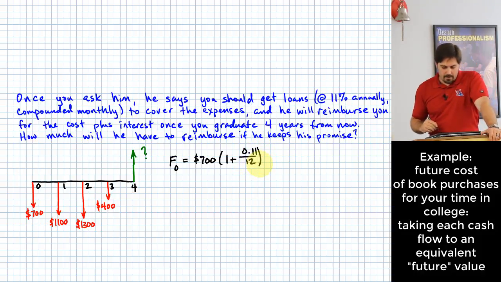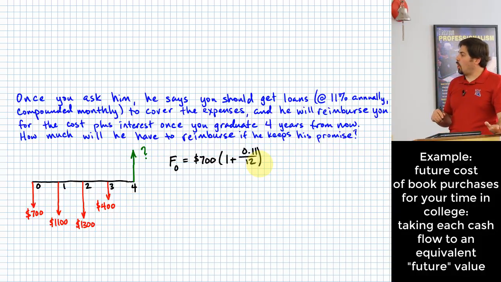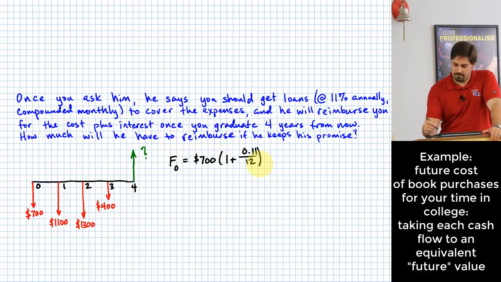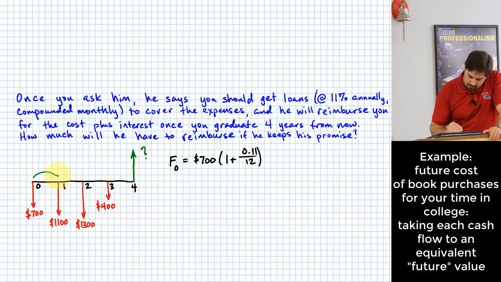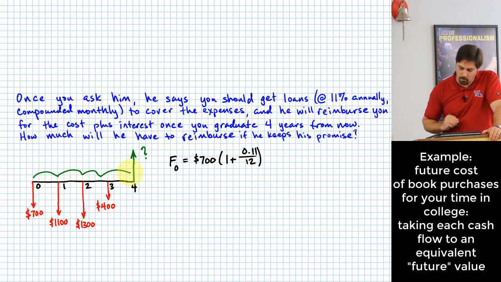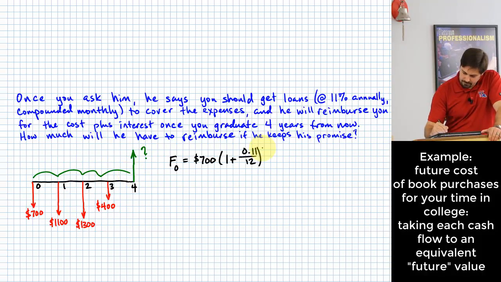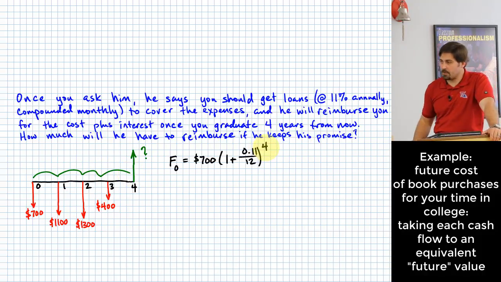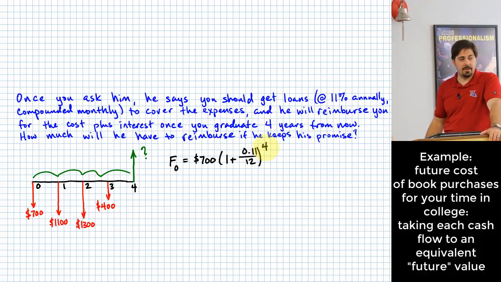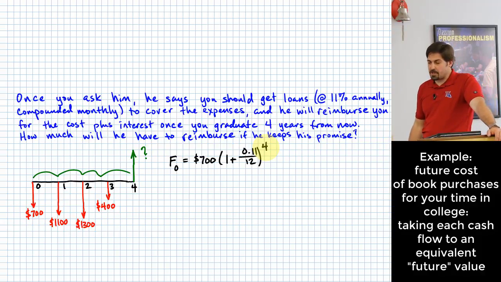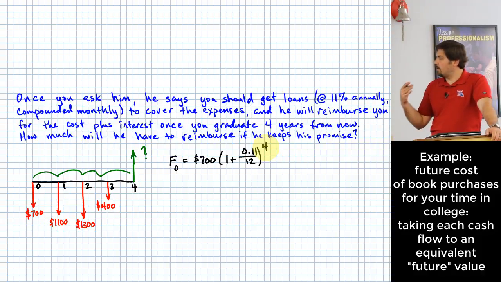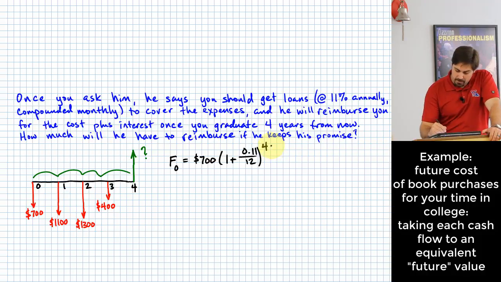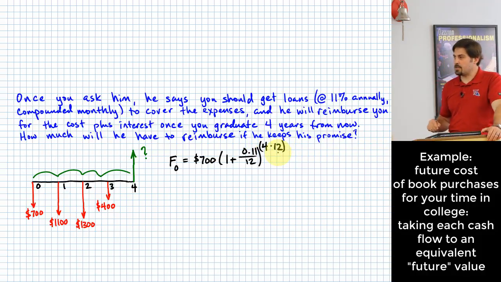Okay, and now, how long from now is it going to be before you get this reimbursement? Okay, 1, 2, 3, 4. And notice I do not use a negative sign here. I don't want to leave it just as 4, though, right? Because there's actually going to be 12 compounding periods in each of those years.